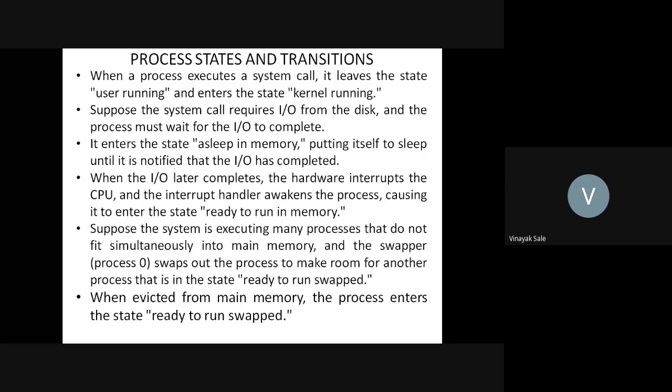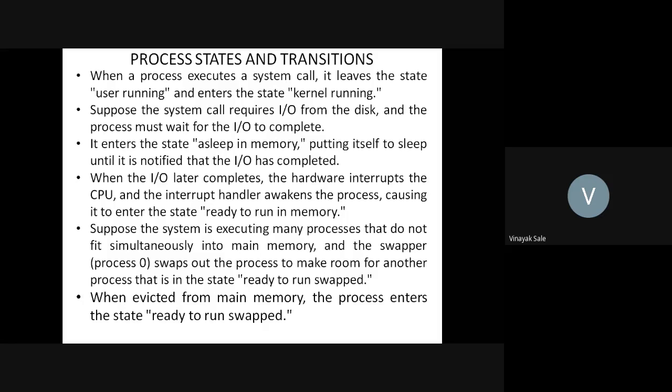Suppose the system is executing many processes that do not fit simultaneously into memory, and the swapper, that is process 0, swaps out the process and makes room for another process in that state that is ready to run swapped.